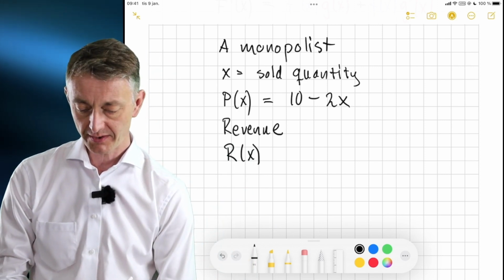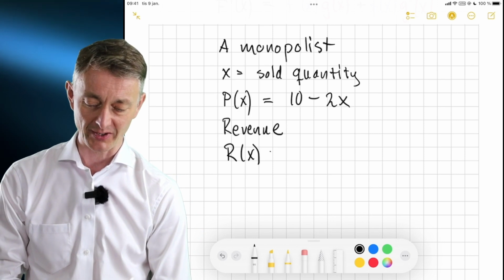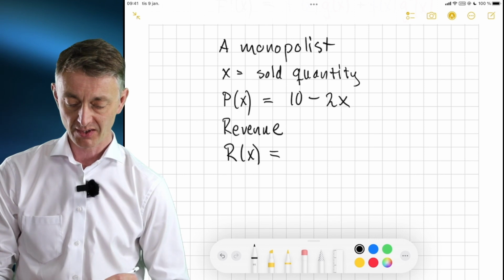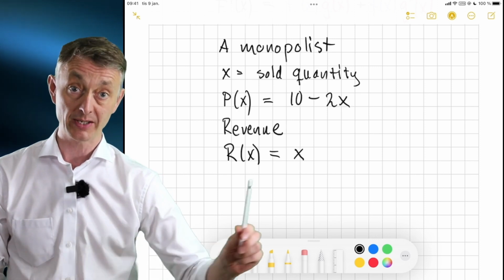So what is then the amount of money that the firm actually will get from selling X number of goods? Well, of course it's going to be the number of goods, right?